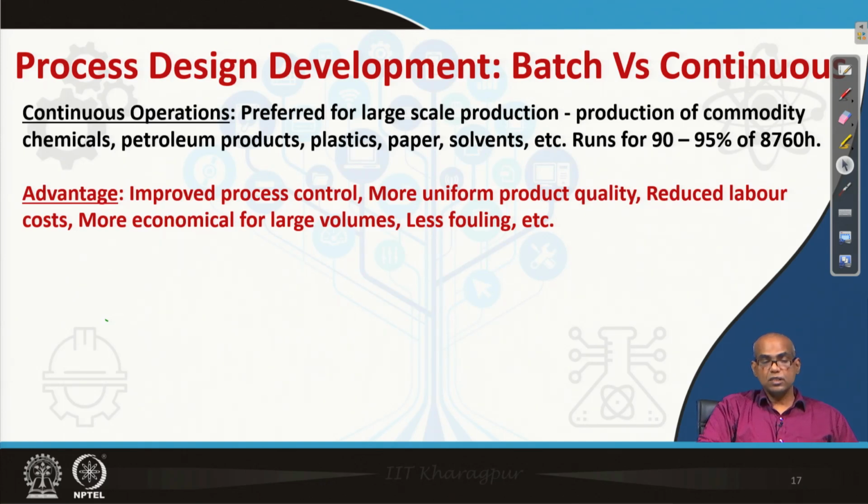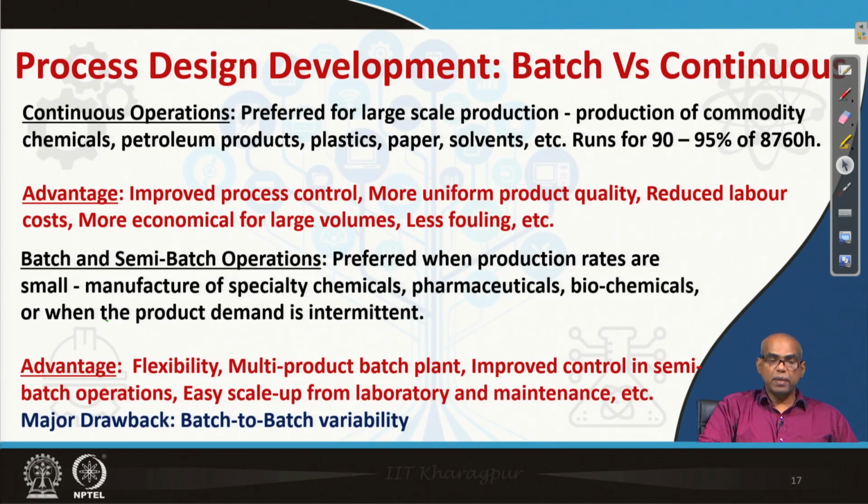Continuous operations have several advantages such as improved process control, more uniform product quality, reduced labor cost, more economical for large volumes, less fouling, etc. Whereas batch and semi-batch operations are preferred when production rates are small. For example, manufacture of specialty chemicals, pharmaceuticals, biochemicals, or when the product demand is intermittent.